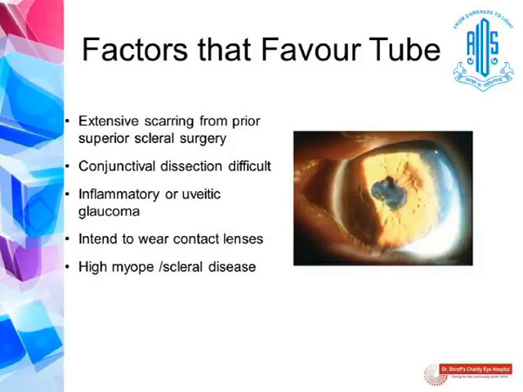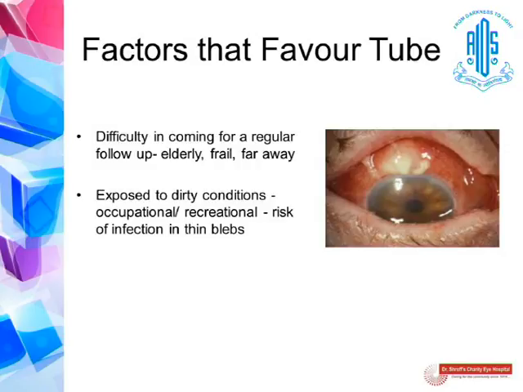If a patient has high myopia or thinned out sclera, then again a tube would be more favorable than a trab. If the patient has difficulty in coming for regular follow-up, or is exposed to dirty conditions which might be occupational or recreational, there is an increased risk of infection in a thin trab bleb. Then too you can consider a tube.